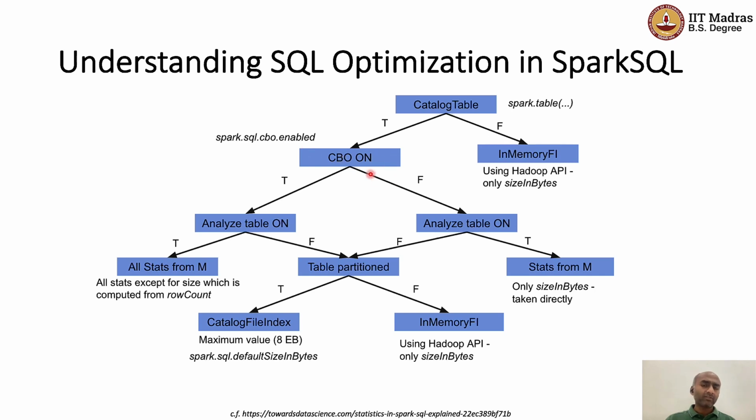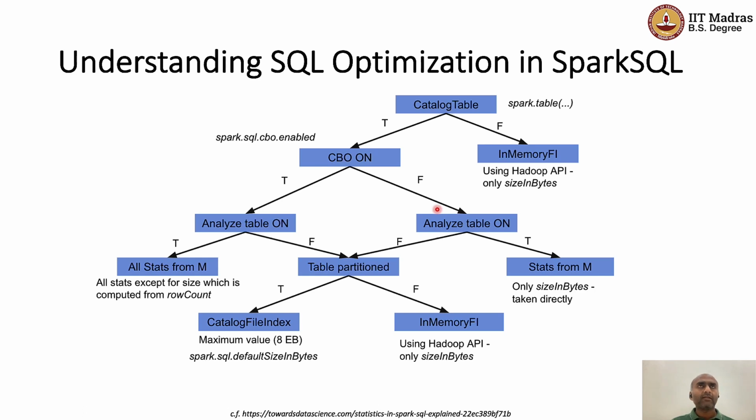In fact, even if the CBO is off, the analyze table status is looked at. So that's why I emphasize that analyze table is something that you want to do. That's one of your best friends, right, in order to get the best performance. And the reason for that is exactly this. So in either case, the analyze table flag is checked.